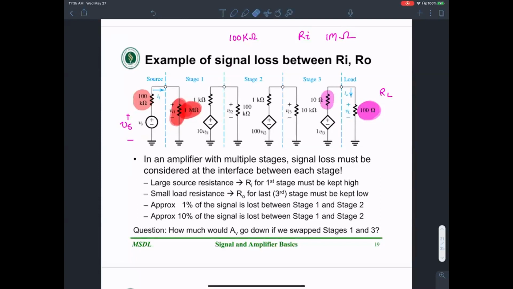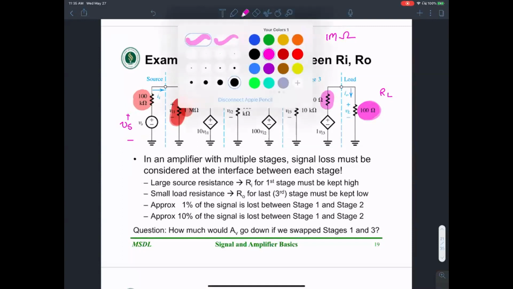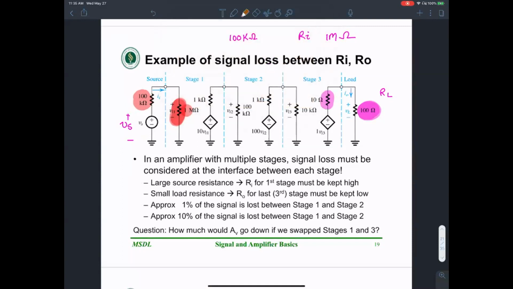So approximately 1% of the signal is lost between stage 1 and stage 2. Let me highlight this using the ratio of this resistance to this resistance. So this happens to be the R source for stage 2, and this happens to be the Ri for stage 2, right?